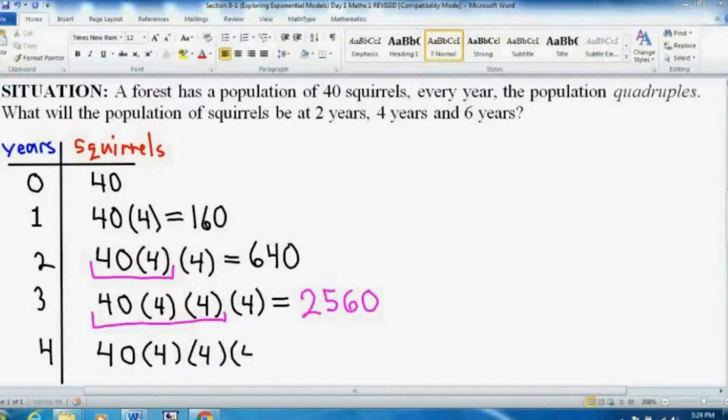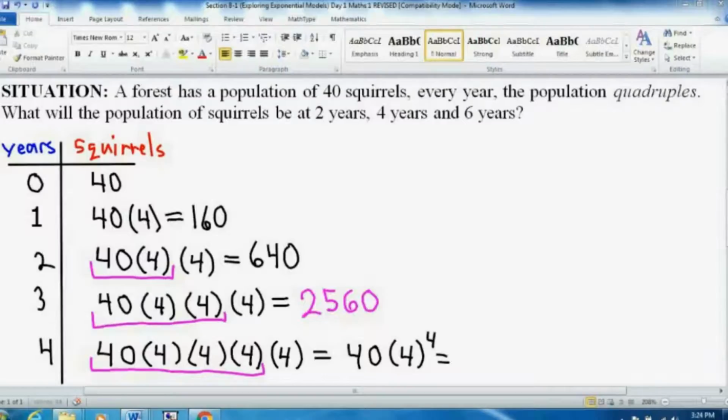At year 4, we will again represent this squirrel population as 40 times 4 times 4 times 4 times 4. And recall that when we are multiplying these numbers, the previous squirrel population was that of 40 times 4 times 4 times 4, and again multiplied by 4 to give us a squirrel population, in this case, of 40 times 4 to the 4th power.